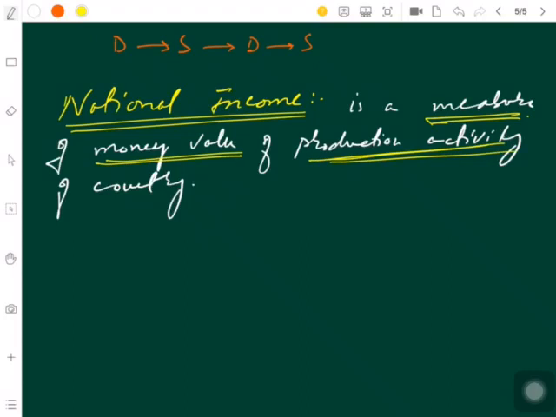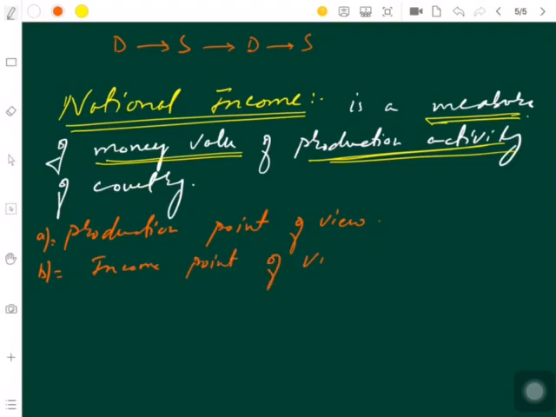Number first is production point of view. Number second, we can define national income from the income point of view. Number third, we can define national income from the expenditure point of view.